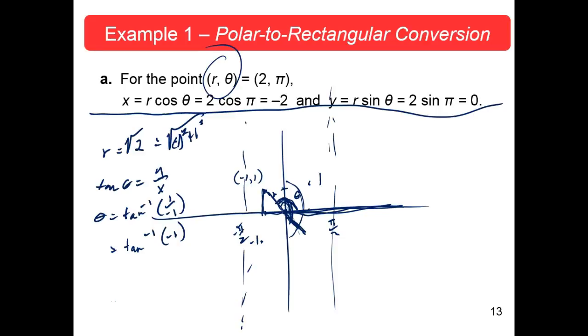Hint, how many radians is all the way around the circle? 2 pi. So halfway around the circle would be pi. Add pi to negative pi fourths. So pi plus negative pi fourths will be what?